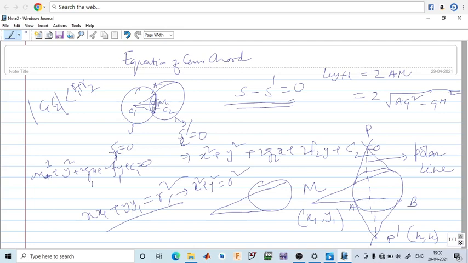So let us consider you need to find the coordinates of the pole. Then how to find it? Suppose the equation of the polar line is given: ax + by + c = 0, and the equation that we made, xx1 + yy1 = r square.